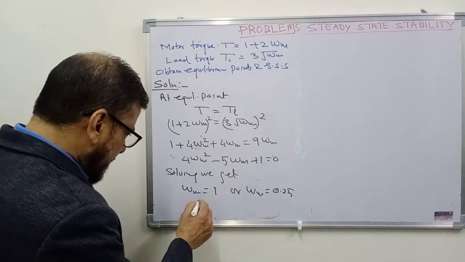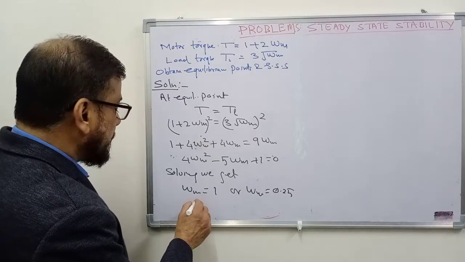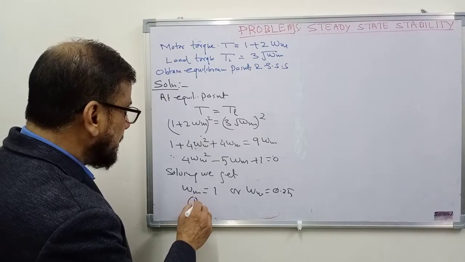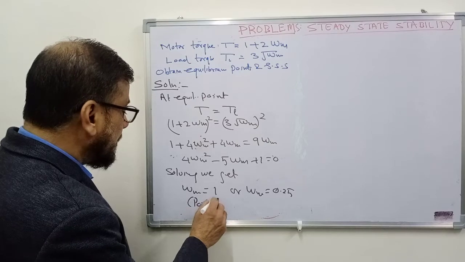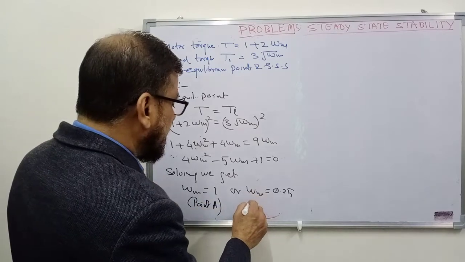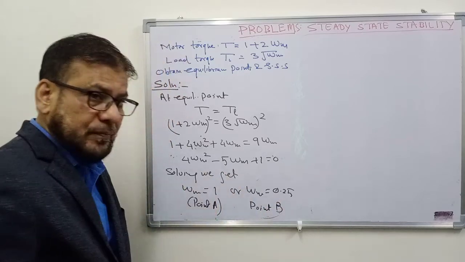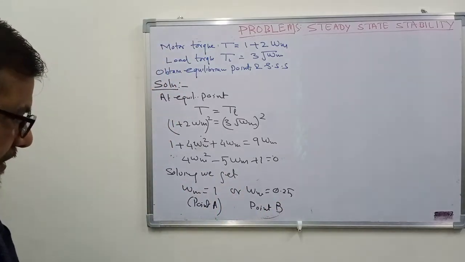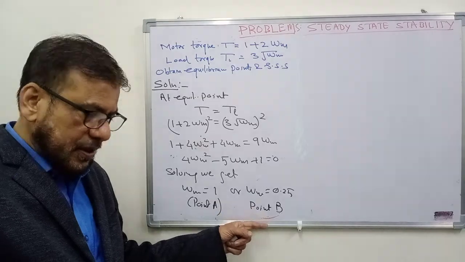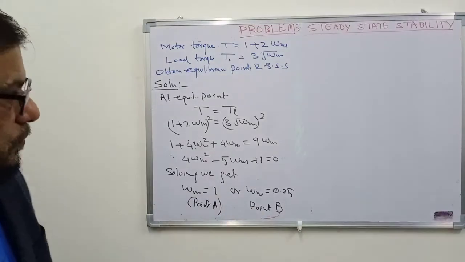This point let me call equilibrium point A, and this point we call point B. So let us see whether these 2 points are stable points or unstable points.